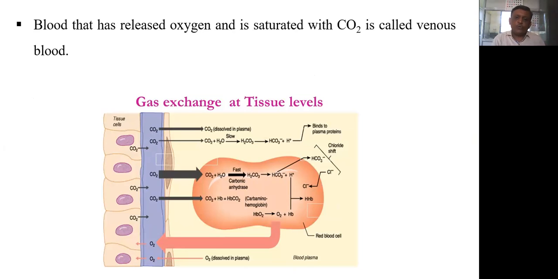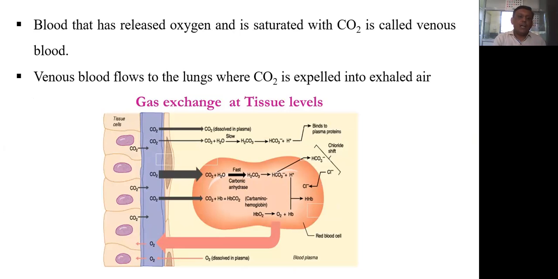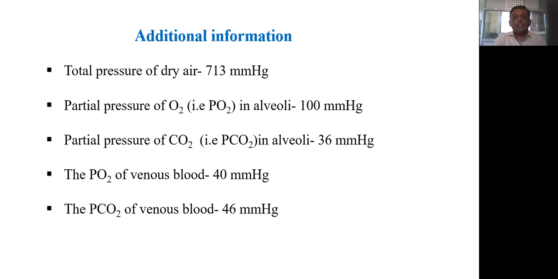Such CO2 saturated blood is called venous blood, and venous blood flows to the lungs where CO2 is expelled out through the expired air. So this is how exchange of gases takes place at tissue level.